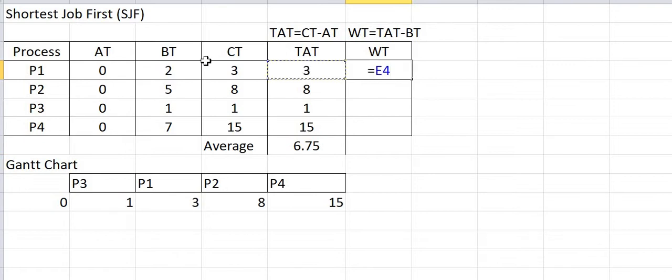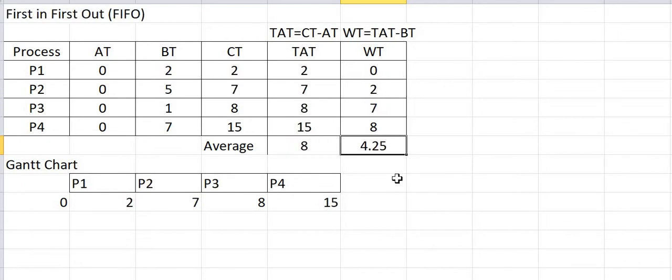So the waiting time is turnaround time minus the burst time. So on an average every process has waited for its turn for 3 milliseconds. So when we just cross check the FIFO, we had 8 milliseconds, which is the average turnaround time, and 4.25 was the average waiting time.